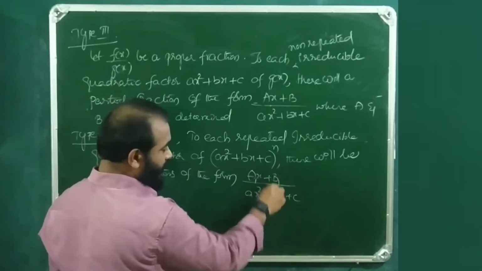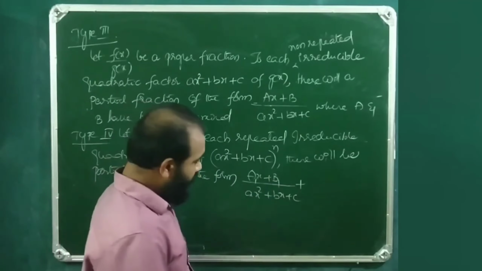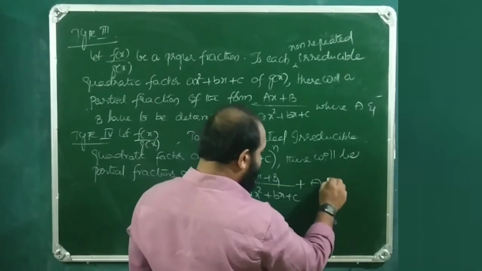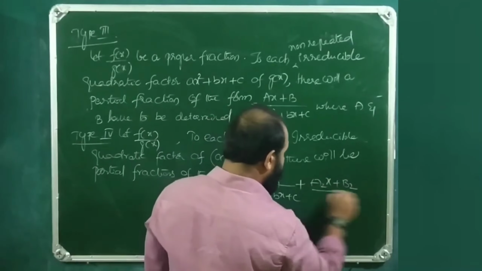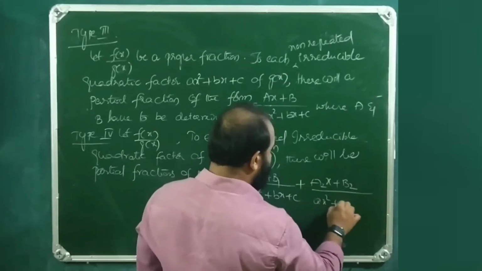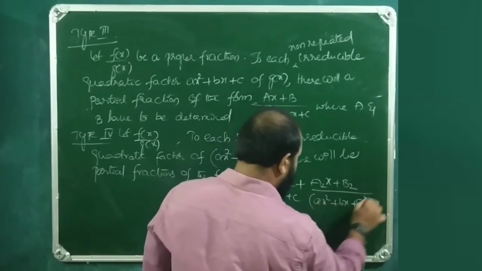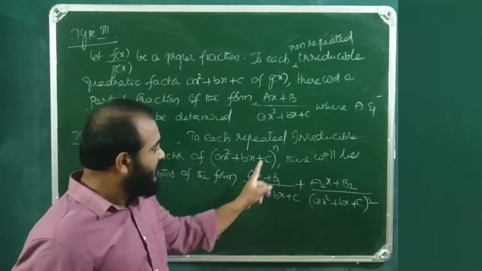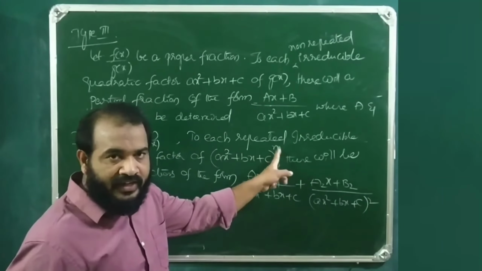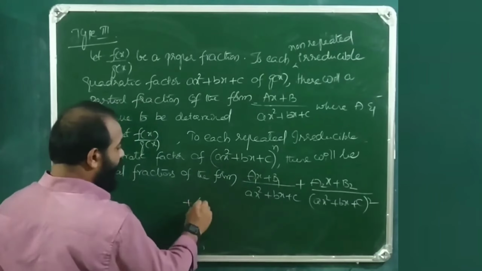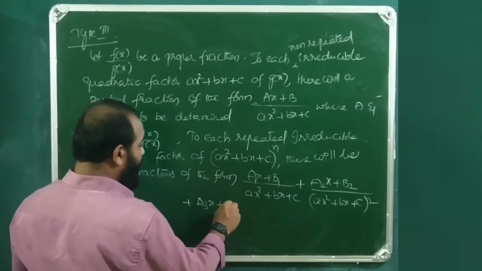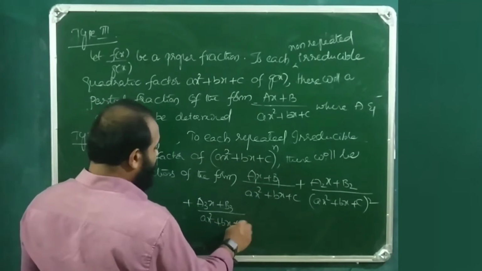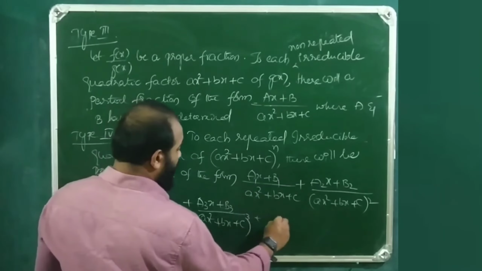So a1x plus b1 by ax square plus bx plus c, plus, if it is repeated twice, then a2x plus b2 by ax square plus bx plus c whole square. If n equals 3, so this is 3 times repeated, it will be a3x plus b3 by ax square plus bx plus c whole cube.